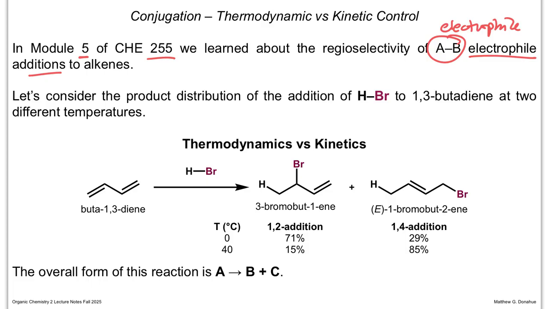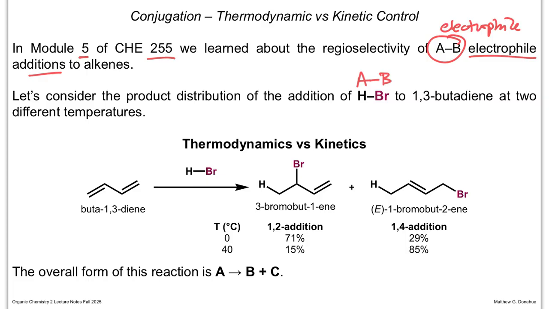So, for example, in that electrophile AB, if we were using bromine, Br2, A and B would be the same thing. For the case we're studying today, HBr, so that's H and B are different. We have H and then Br. And what we're looking at is how the HBr will add to the diene that's shown.